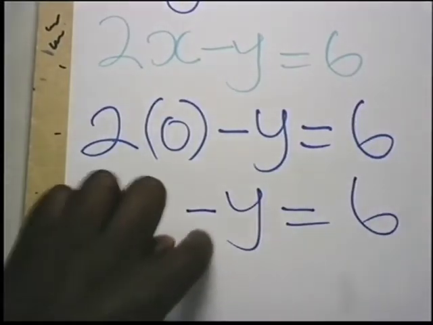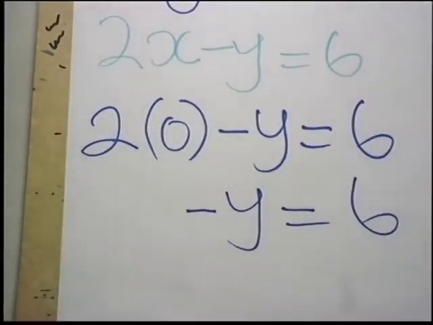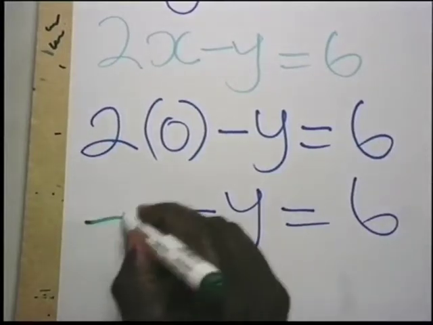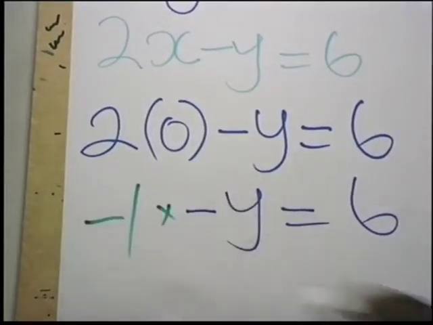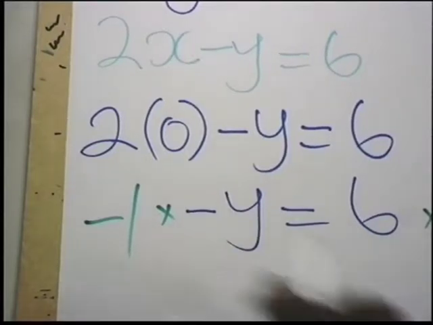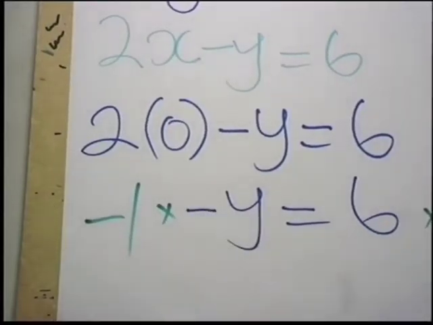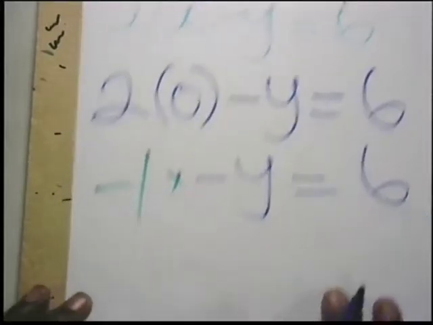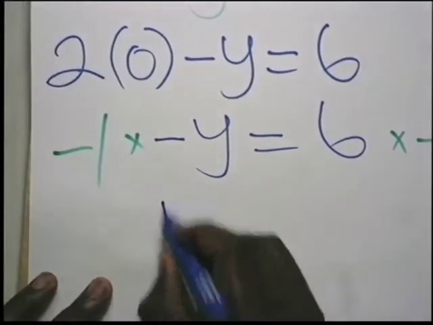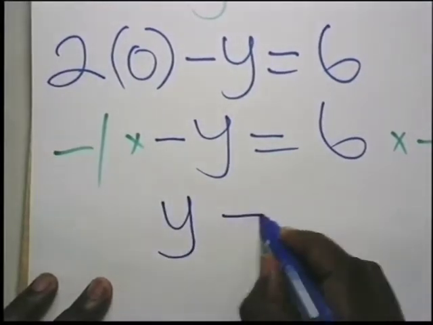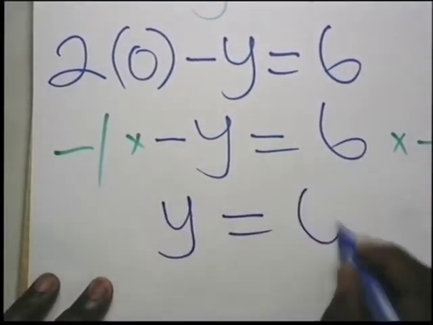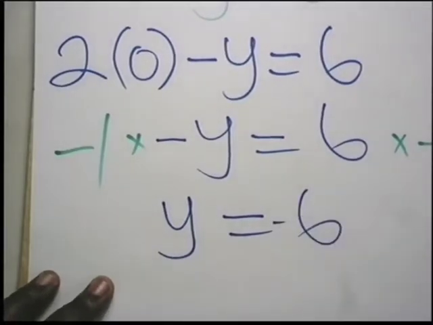Now, we want a positive y, so we multiply either side by minus 1. Minus 1 multiplied by this, we also multiply this one by minus 1. A minus and a minus, when they multiply, give us a positive, so we remain with a positive y. This side becomes negative 6.